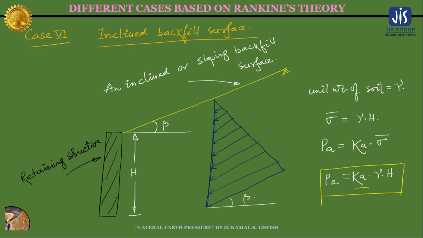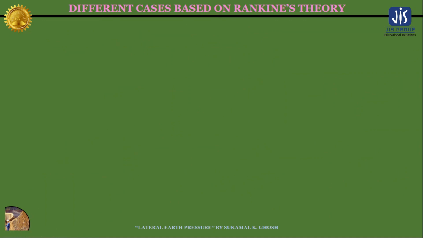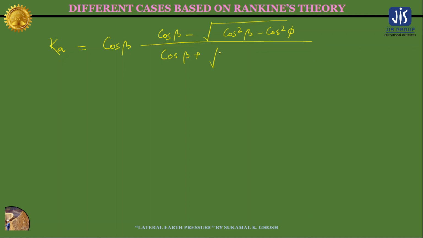Now if the angle of shearing resistance is phi, then the coefficient of earth pressure Ka for this case can be given by cos beta into cos beta minus the root of cos square beta minus cos square phi, divided by cos beta plus the root of cos square beta minus cos square phi, where phi is the angle of shearing resistance.